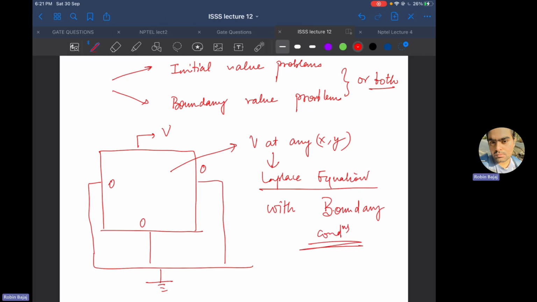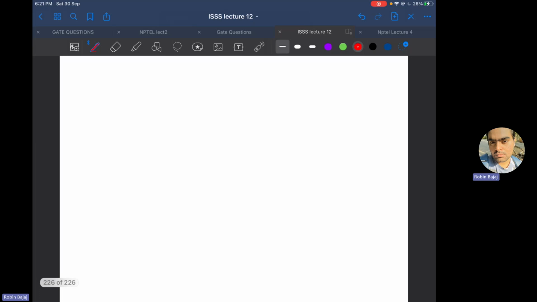So these are the kinds of equations where you will encounter only boundary conditions. But in most general cases, you can also have initial value problems or a combination of both, which we will see in time.